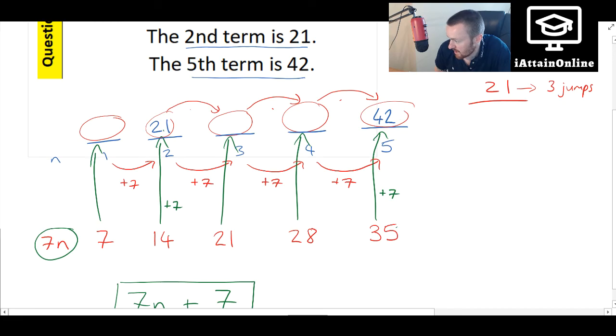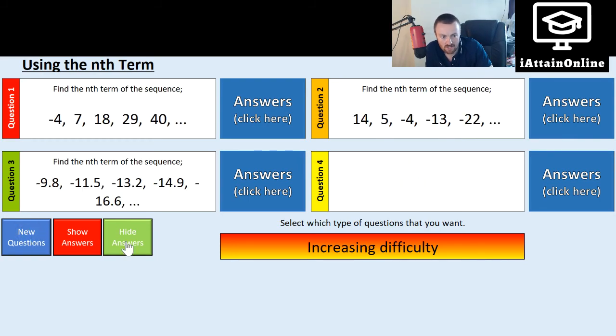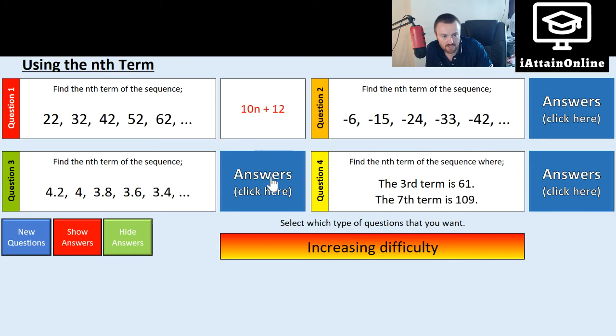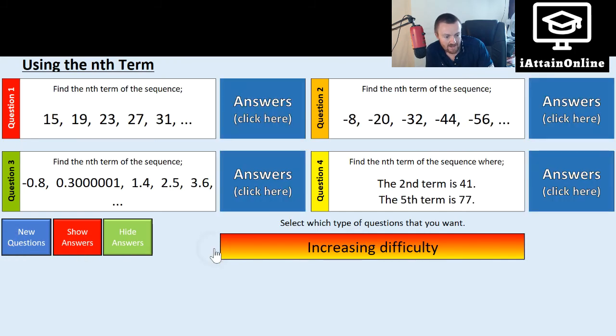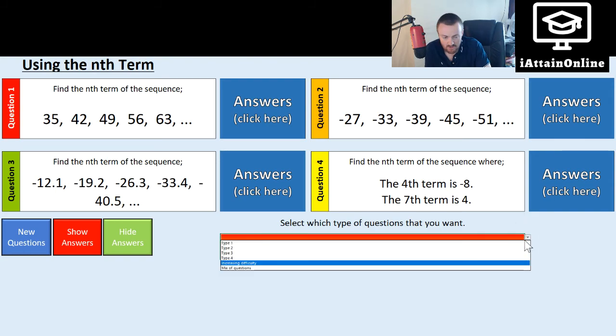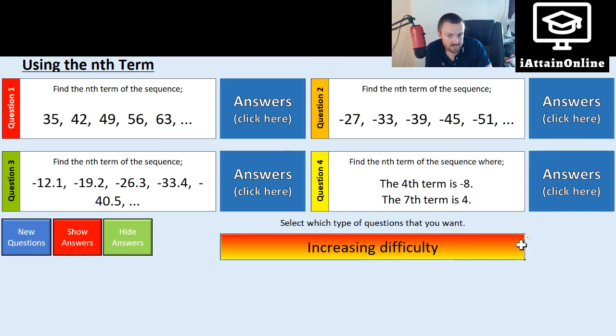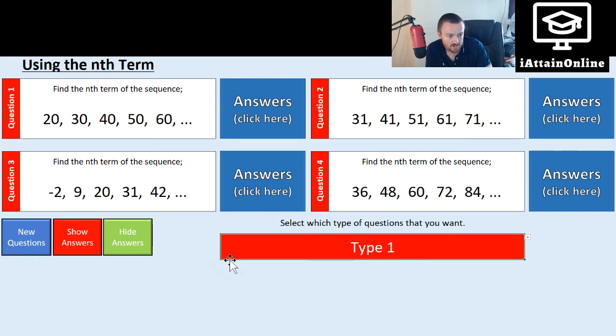Okay, so what I will do, let's go back to the question generator. This one here generates loads of questions, and your answers, you can get them one at a time, or you can show them all at once. If you just want to practice increasing difficulty level questions like I've just gone through, you can use this increasing difficulty box. If you just want to practice all of the first example, you can just do lots of type 1 questions.